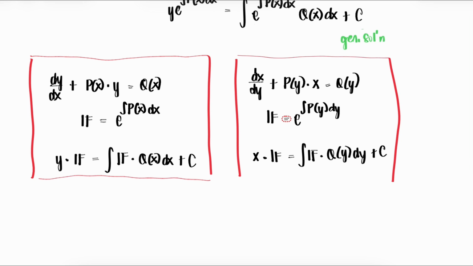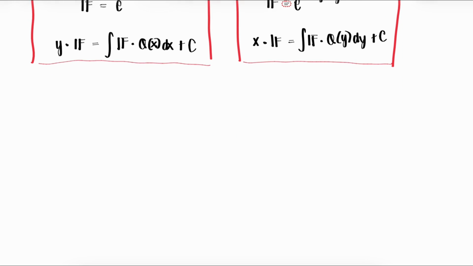So remember that we can only treat a DE as linear if we are able to write it in these forms. So for example, we want to solve 2(y - 4x^2) dx + x dy = 0.